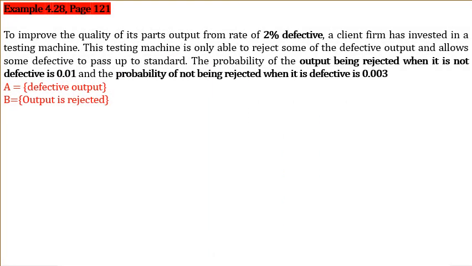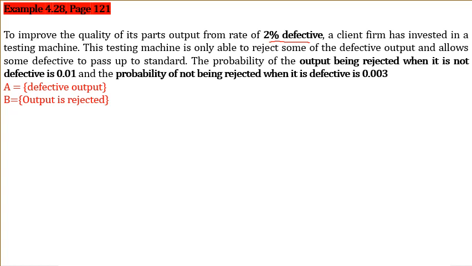Example 2.4.28. To improve the quality of its part outputs, rate of 2% defective. Okay, here the information. A client firm has invested in a testing machine. This testing machine is only able to reject some of the defective outputs and allow some defectives to pass up to standards.